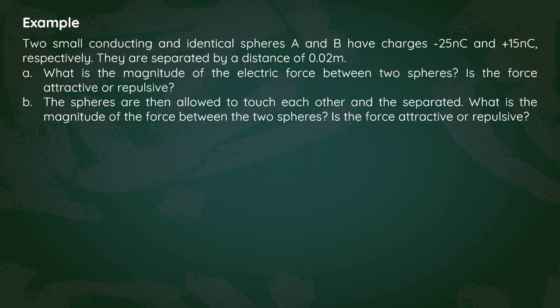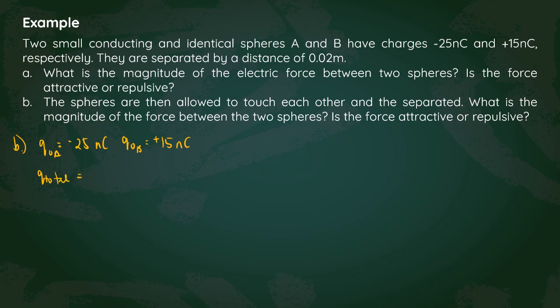So for B, before interaction, the charge of sphere A is negative 25 nanocoulombs, and for sphere B, it's positive 15 nanocoulombs. So we need to solve for the total charge.